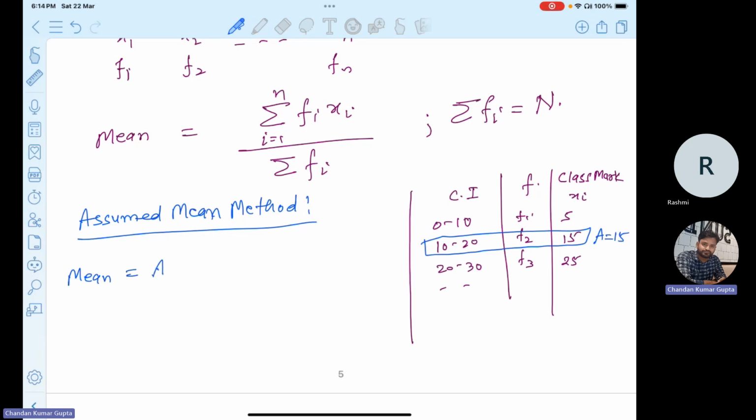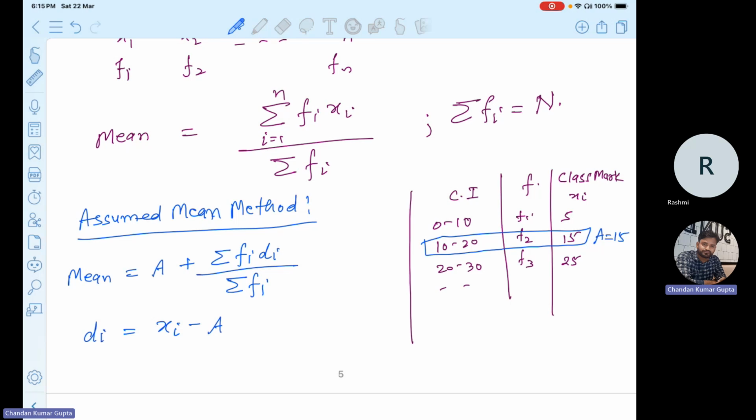Okay, so in that case, a plus summation fi di divided by summation fi. Here di is xi minus a.